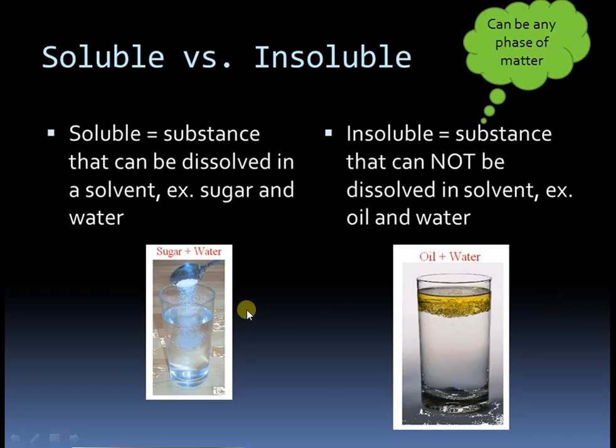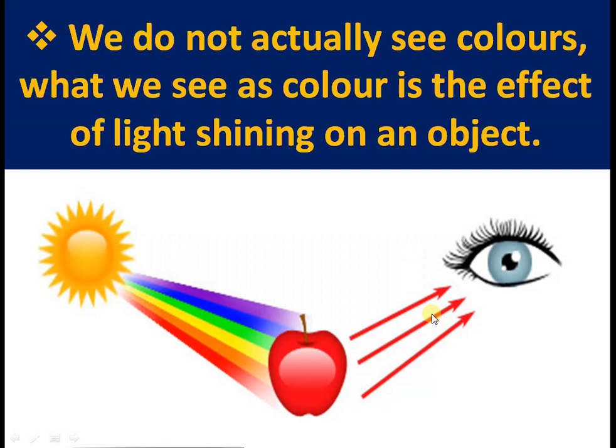For example, sugar is an example of a soluble material, and oil is an example of an insoluble material. Do you know, we do not actually see colors. What we see as color is the effect of light shining on an object.